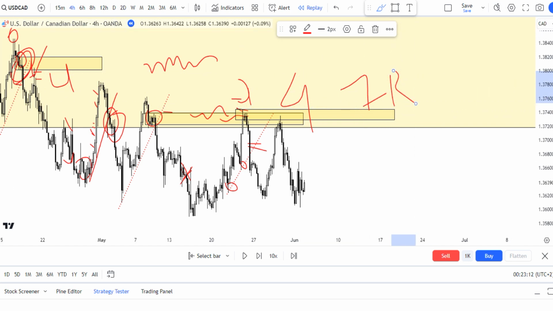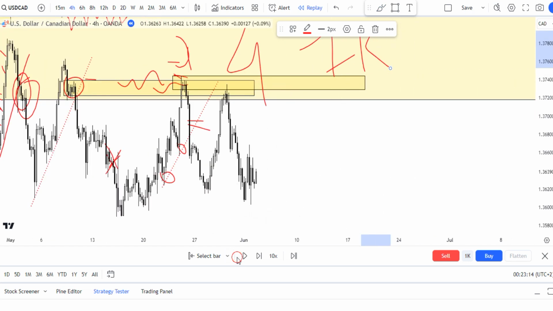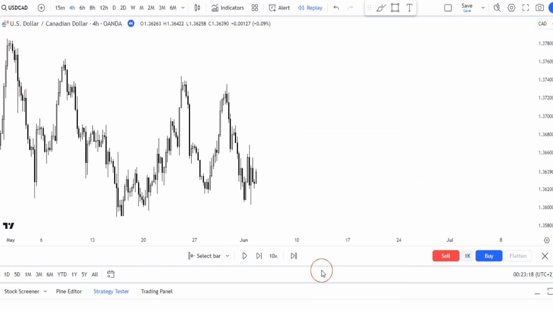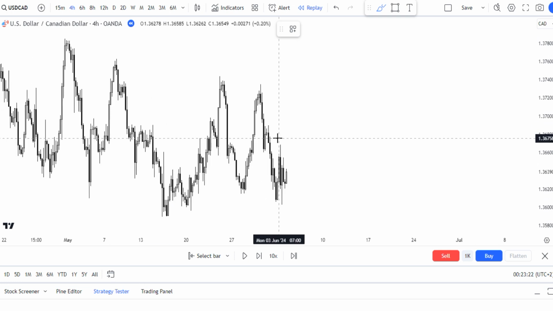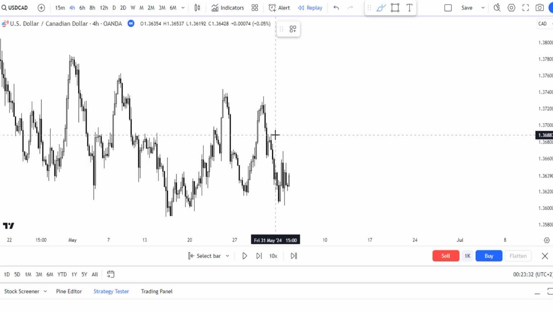Guys, you see, if I remove everything, you may wonder why only a few order blocks work, why 90% of order blocks don't work. Because always remember, many people call it imbalance, many people call it order block.